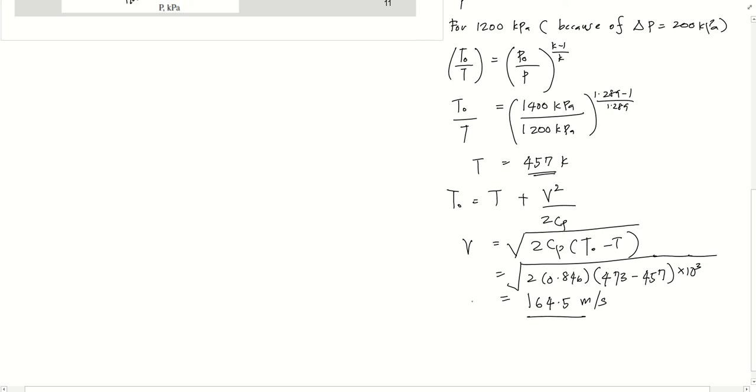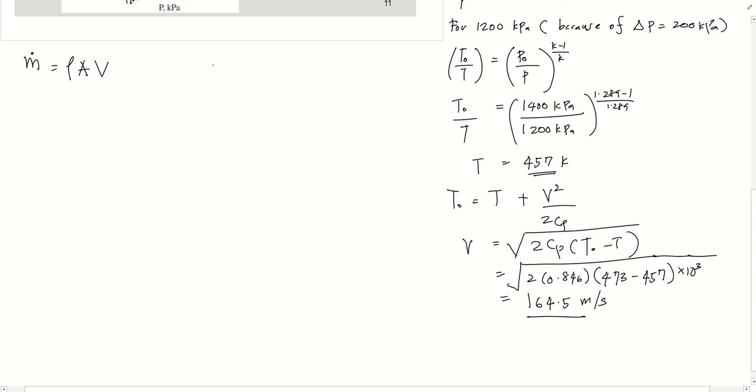So from velocity we can find the area. To find the area, m dot is given, m dot equals rho A V, but rho is still unknown.